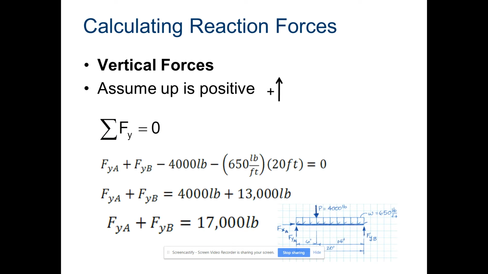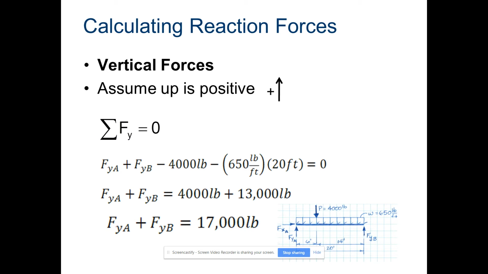Now, we're going to go into our sum of the forces in the Y direction because we have plenty of forces in the Y direction. So we have force YA plus force YB minus, right? We have a downward force of 4,000 pounds minus a distributed load, which is going to be our equivalent concentrated load of 650 pounds per foot times 20 feet.